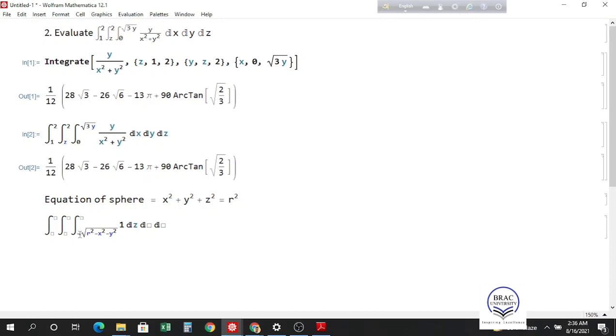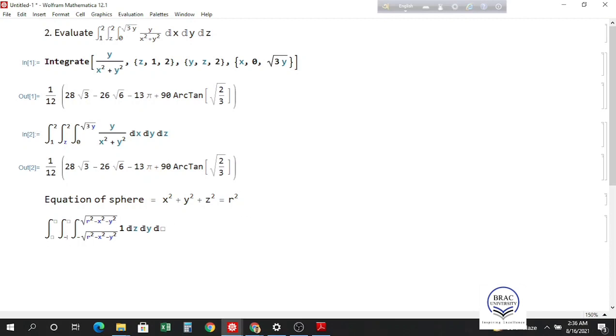Let's just copy paste this. Let's write the expression square root of r squared minus x squared minus y squared. On the xy plane, z is equal to 0, so y is plus minus square root of r squared minus x squared.